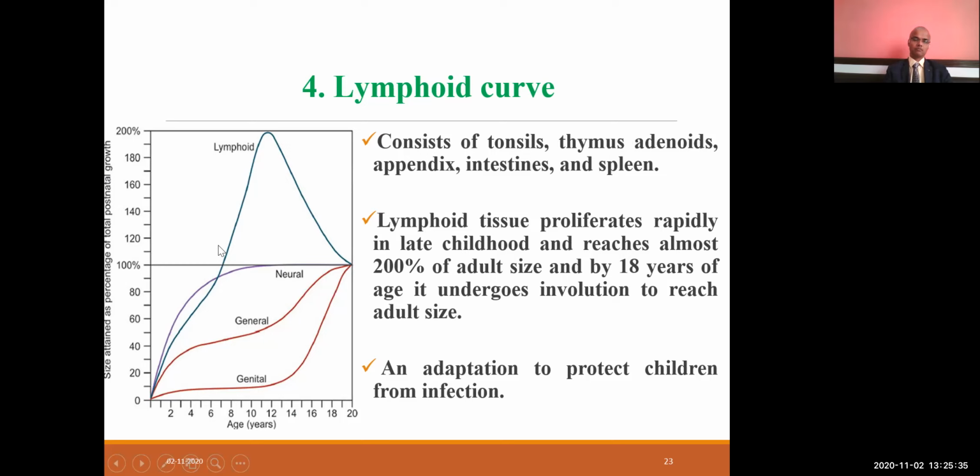In the diagram, you can see that at the age of 10 years, which is late childhood, there is 200% of growth of lymphoid tissue.